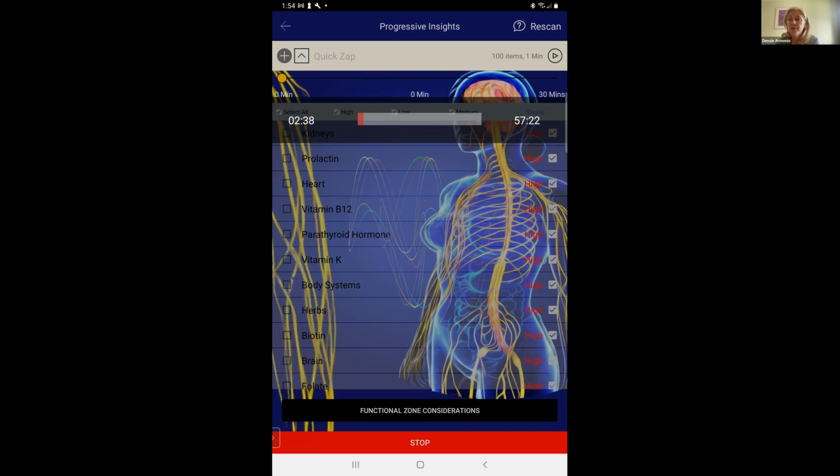Yeah, just to interrupt, I'm sorry. The functional zone considerations, though, what they were asking is, if you hit that, you go into another screen. It's a whole other screen. And basically, I could just read to you for a minute what it's described as. The functional zone is considered the final step during your balancing session.